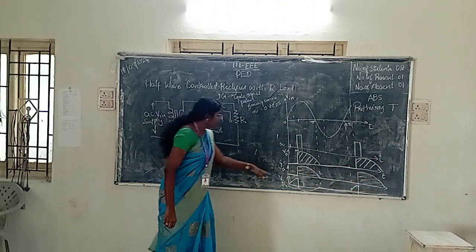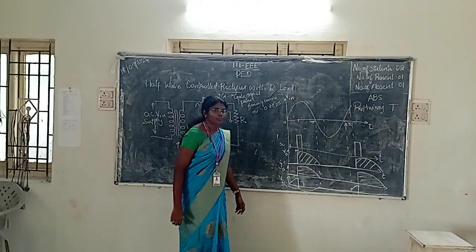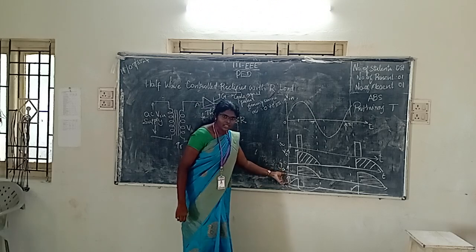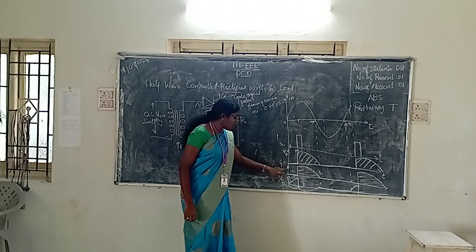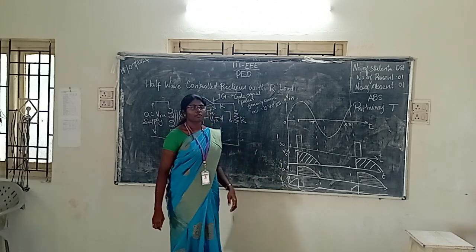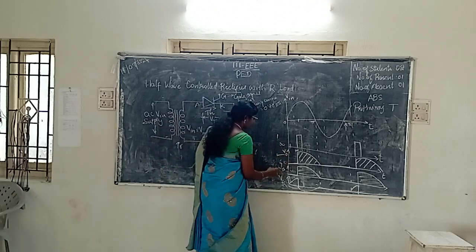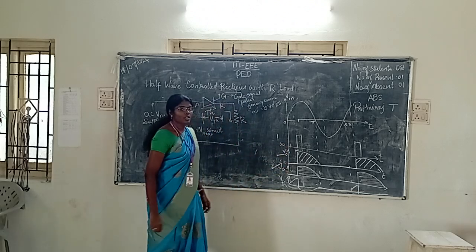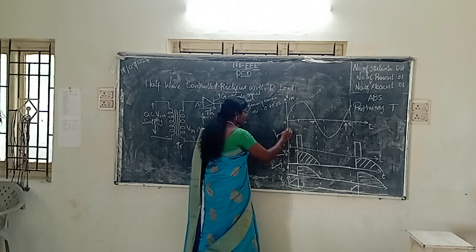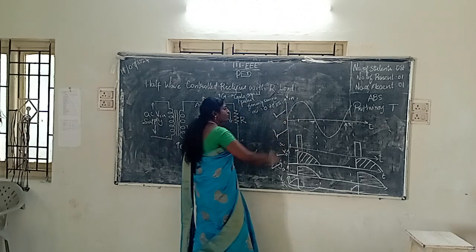This is the voltage across the thyristor. It is very rare to be asked, but you must know the output voltage and output current for the half-wave rectifier. These two are very important: how the output voltage and output current follow the pulse we generate for the input signal we are giving.